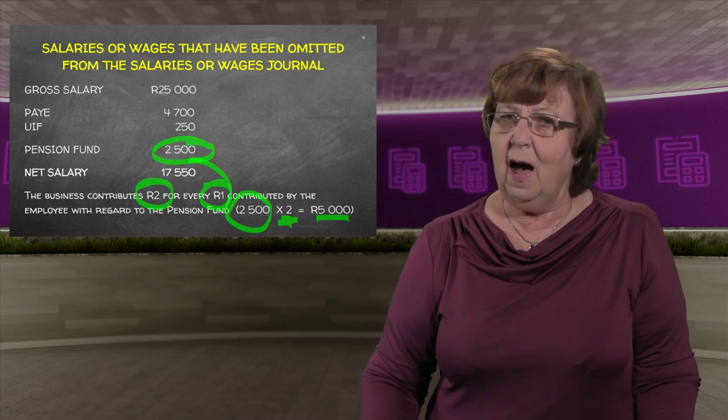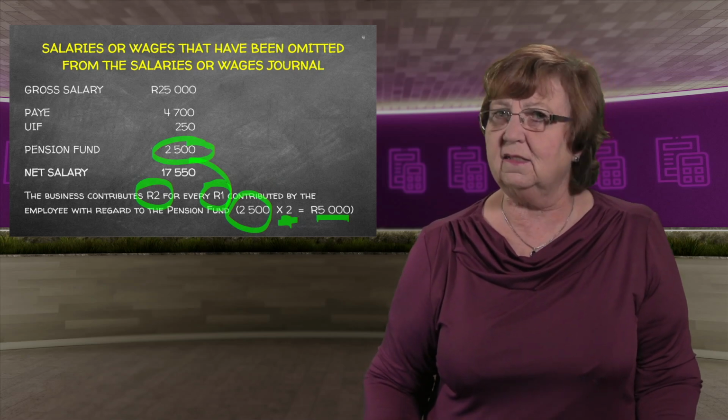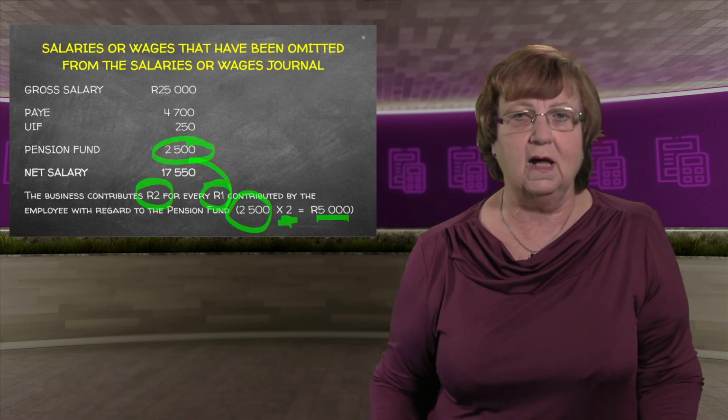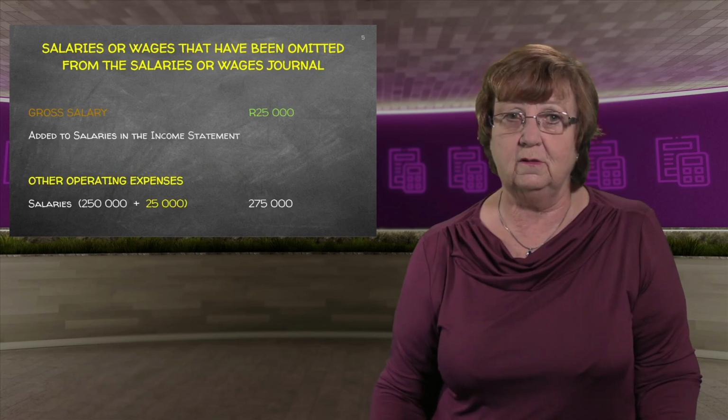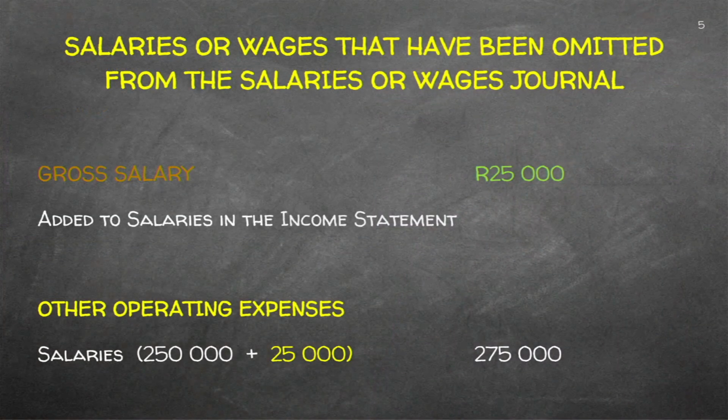So how would I display this in my income statement and in my trade and other payable note? So let's have a look. So my gross salary is 25,000 Rand, and I'm going to add it to salaries in the income statement. So what will that look like?